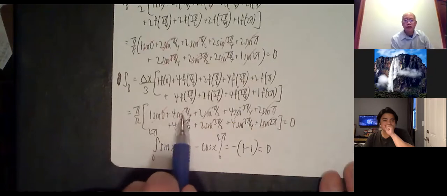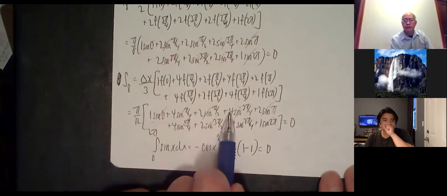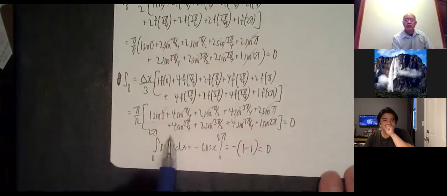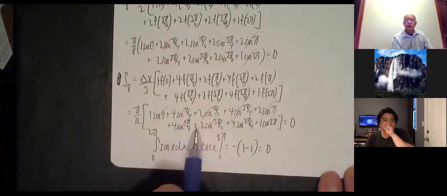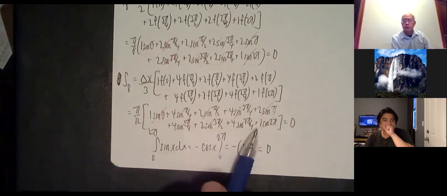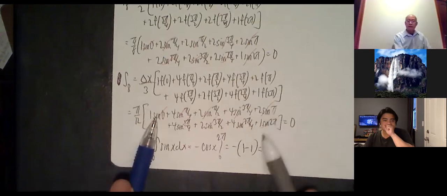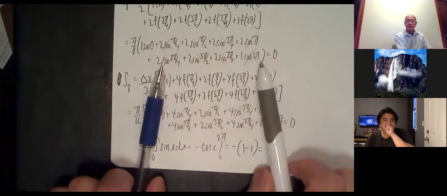So 4 sine of pi over 4, 2 sine of pi over 2, 4 sine of 3 pi over 4, 2 sine of pi, 4 sine of 5 pi over 4, 2 sine of 3 pi over 2, 4 sine of 7 pi over 4, 1 sine of 2 pi. And just like before, that's 0, that's 0, that's 0. So forget about these.